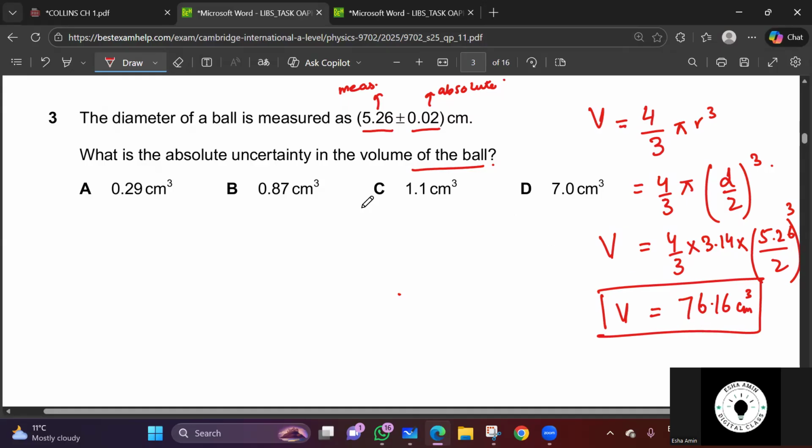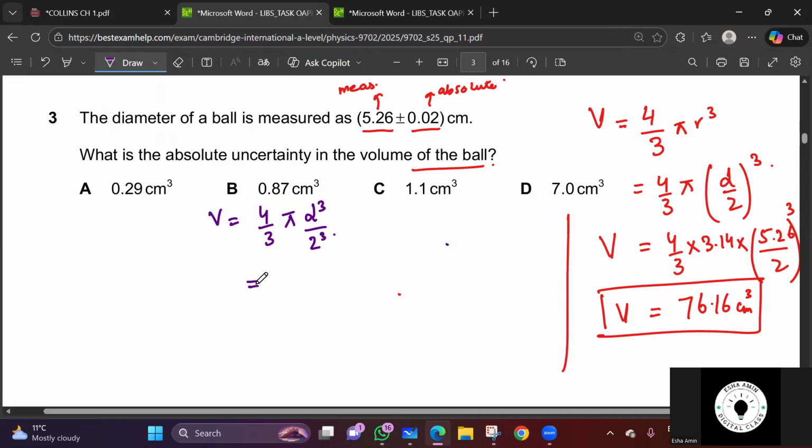Now we have to find the absolute uncertainty for the volume. Okay, how can we find it? As per this formula, we found that the volume is equal to 4 by 3 pi d cube over 2 cube, right? When we are finding the absolute or percentage uncertainties, we ignore these constant values.